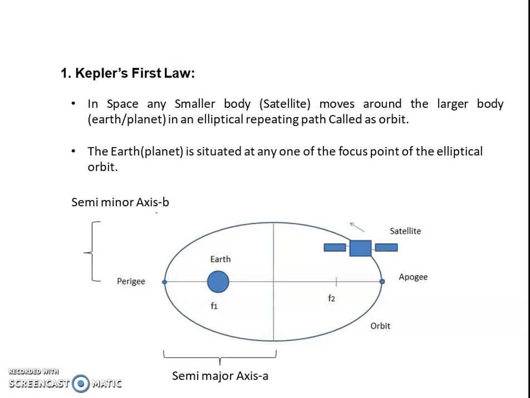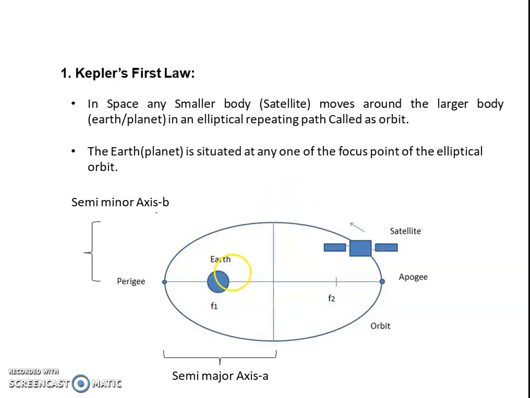So the ellipticity, which is denoted by small e, which shows how elliptical the orbit is, can be defined as e is equal to the square root of a squared minus b squared, over a.